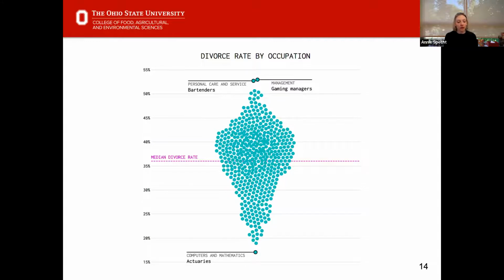So if you want to have an improved chance of marital or relationship happiness, maybe don't go work in a bar, maybe don't go work in a casino, and instead follow Misty's daughter's advice and study actuarial science.